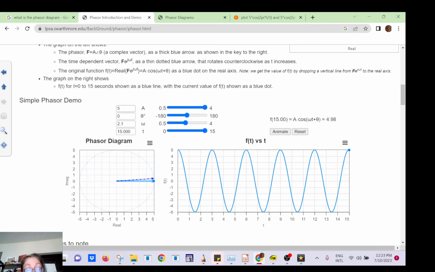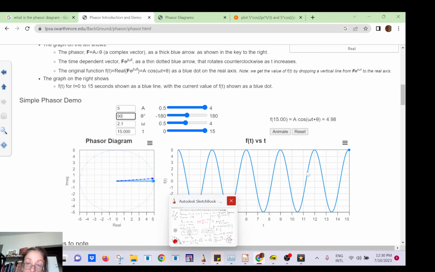Okay? So for example, now if I put a theta here, that theta will be my shift, by how much it is going to be shifted. So now let's try 90 degrees here. 90 degrees is 1/4 of a cycle. So what does it mean?